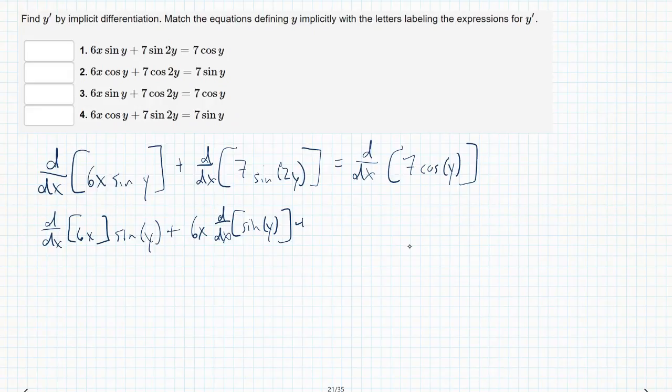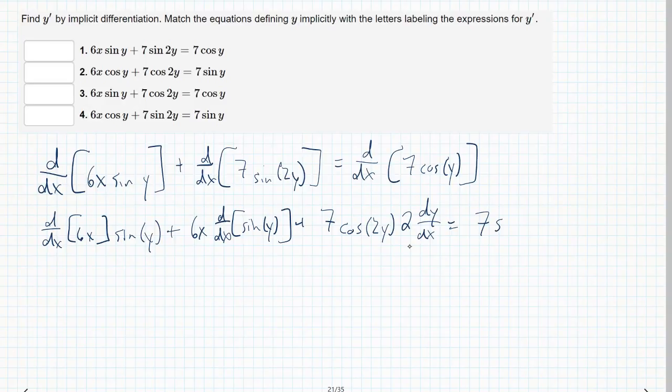So we get 7 cosine of 2y times the derivative of the inside, which is going to be 2, but since it's a y, we need to put dy dx, or y prime works just fine. And then equals the derivative with respect to x of 7 cosine of y, so that'll be 7 sine of y times the derivative of the inside, which is y prime or dy dx, right there.